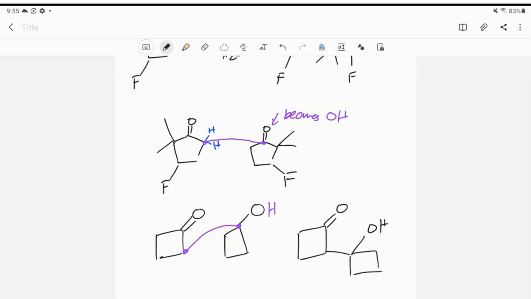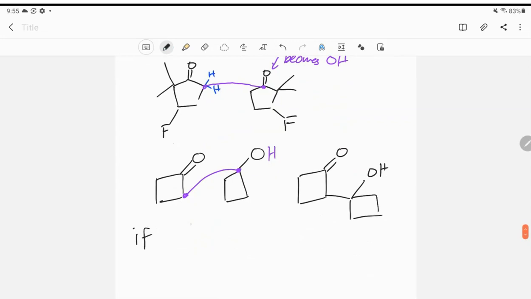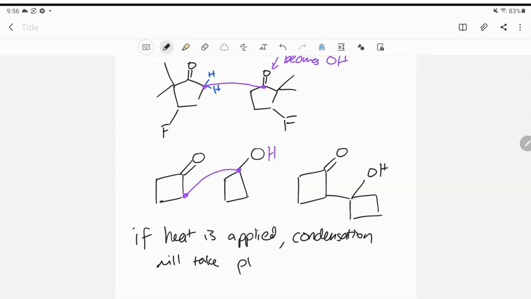Alrighty, good news. We have another step that is potentially going to happen. We're going to see that condensation will take place. And we can even look at this particular one that we just did.